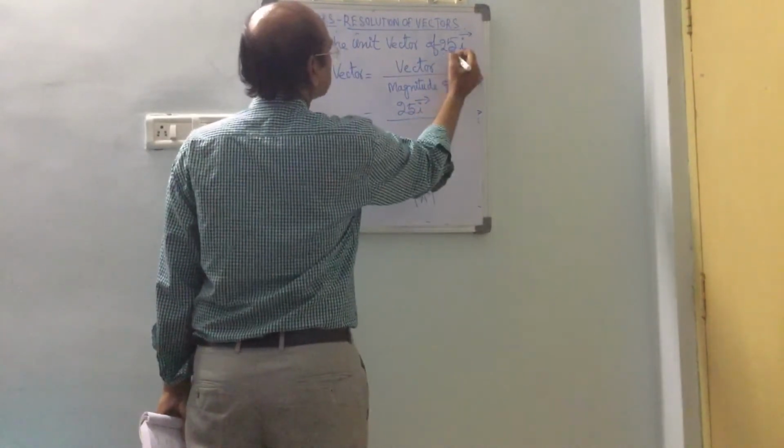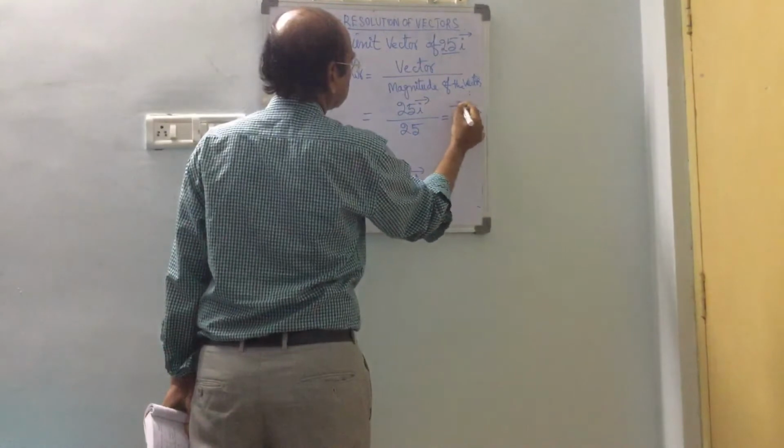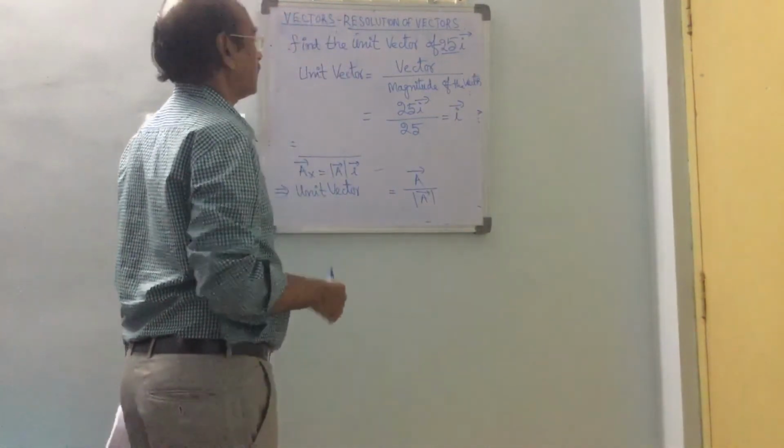Here the magnitude is 25. So this is the unit vector in the x direction.